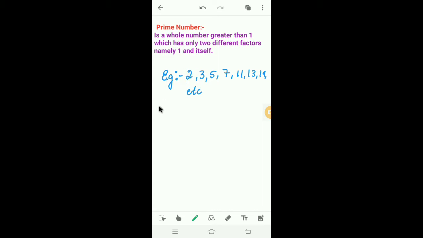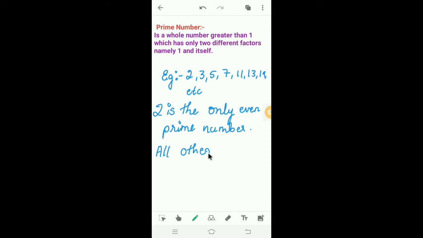So we can say 2 is the only even prime number. All other prime numbers are odd.